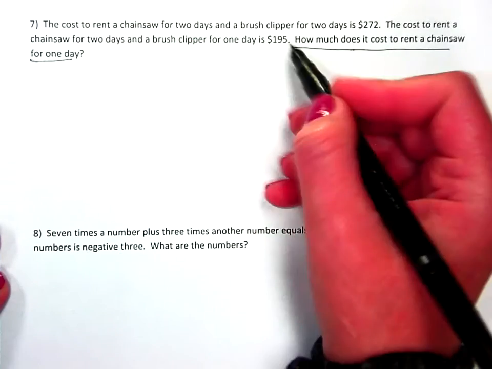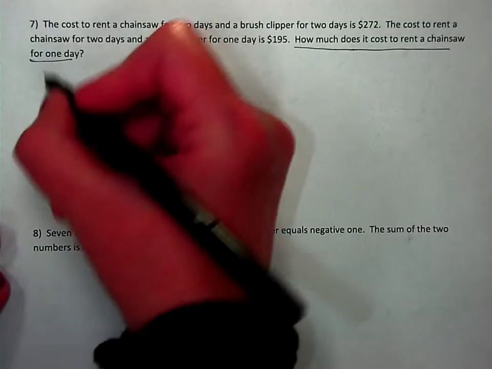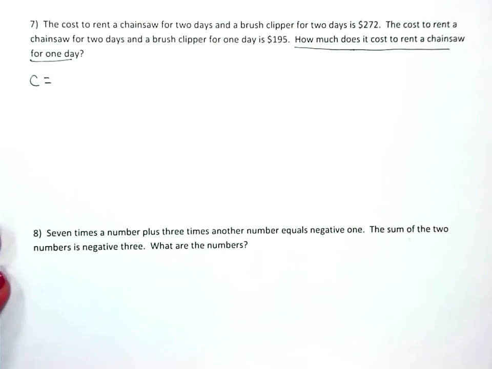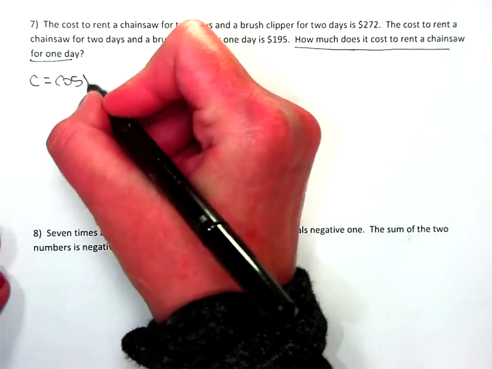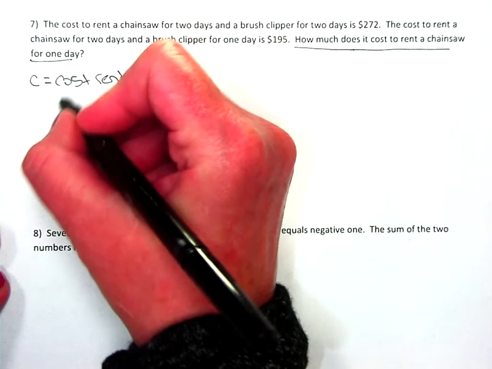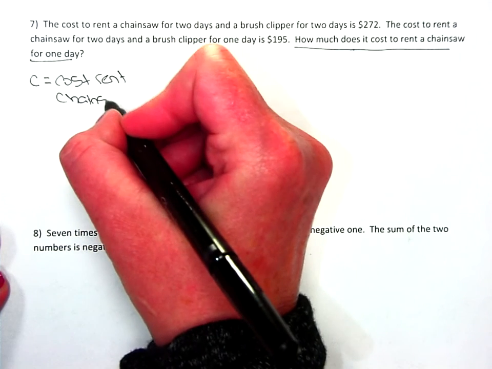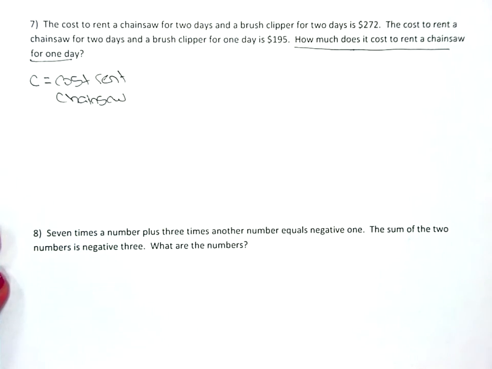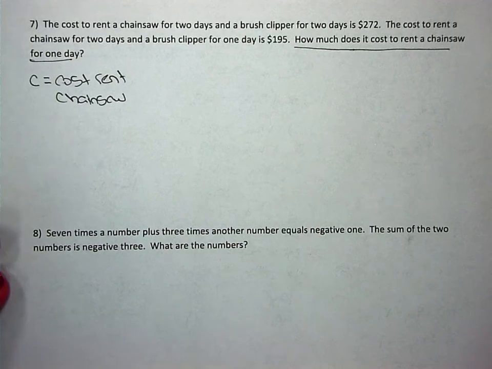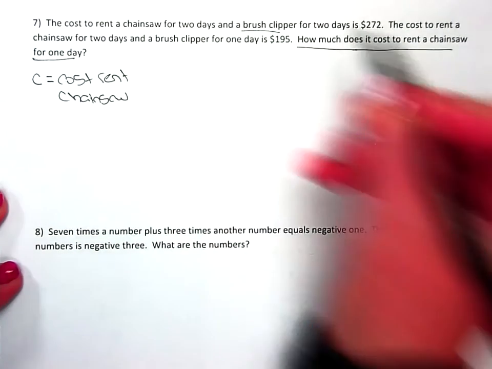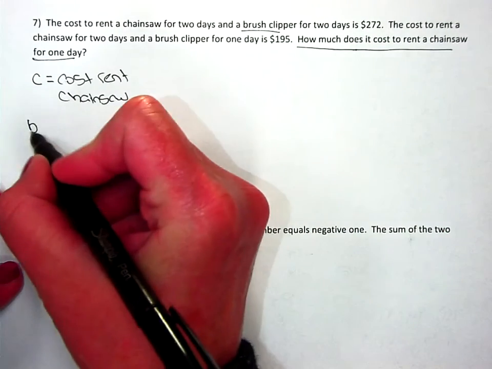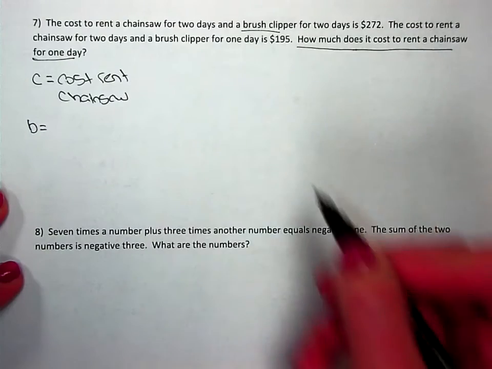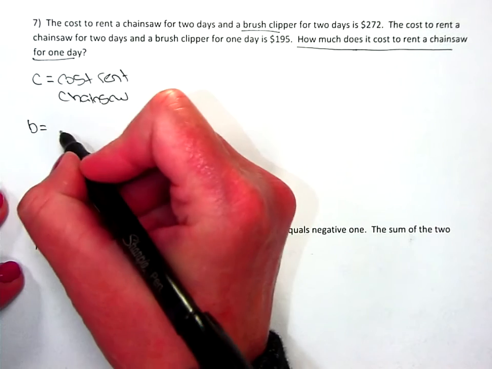All right, so I have two variables here, so I'm still going to have to set it up. So C is the cost to rent a chainsaw. You need to define your variables. I could use C, and I'm going to use B for the brush clipper, the other item that I can rent.